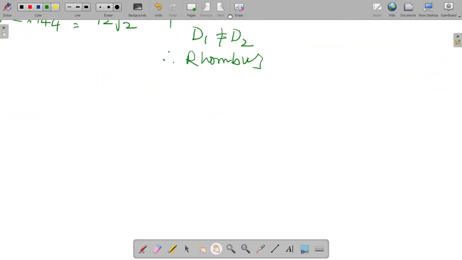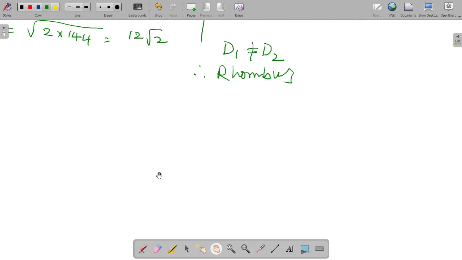After that, what he is asking in the question is, if it is a rhombus, find its area. Area of a rhombus is equal to half into D1 D2, that is the formula.